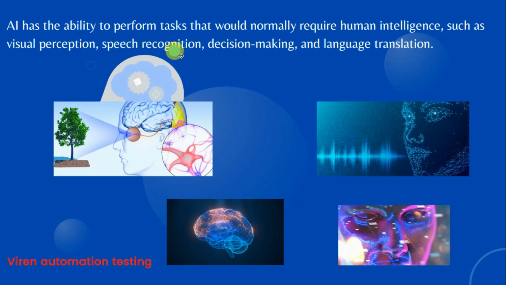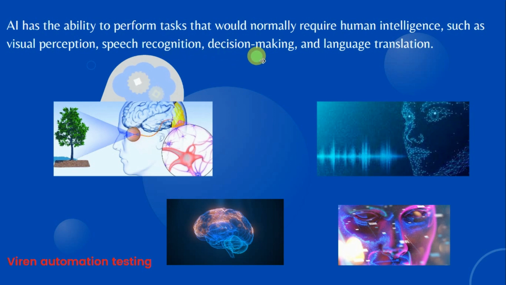So this is understood by the system, not by the human, and this is very helpful to understand the other languages. So if I am from India and if I know the Hindi, I want to learn the English. So the system will translate the Hindi into English.